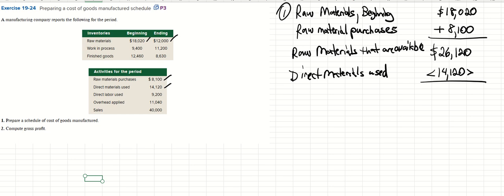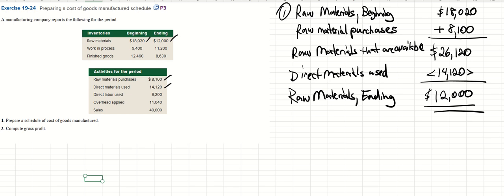And so the ending raw materials balance should be $12,000, because $12,000 is what they provided to us. So if we take $26,120 subtracted by $14,120, that's going to give us our $12,000. And that's our ending balance for raw materials.